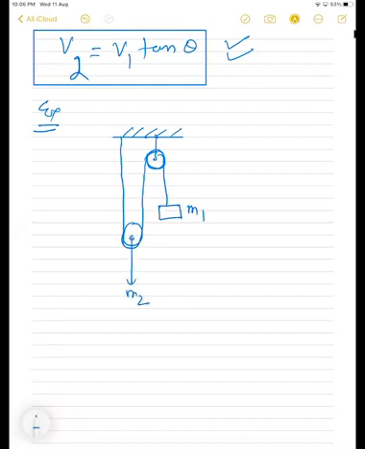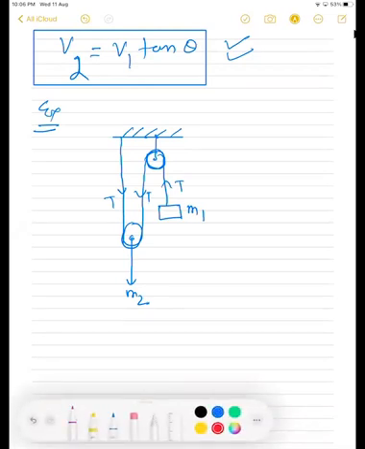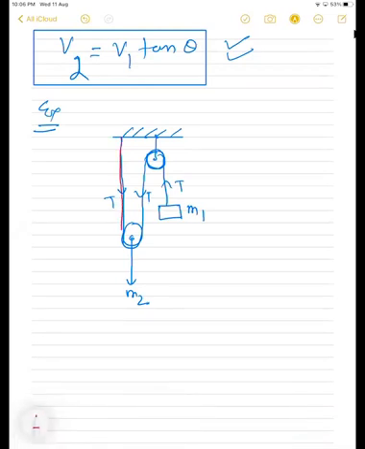If the tension is T, this is T, this is T, right? Yes or no? Students, see string length. I am saying about string length. This is the length of the string, correct? Yes, sir. I'm taking two levels here, see, this is the level, this is the level.